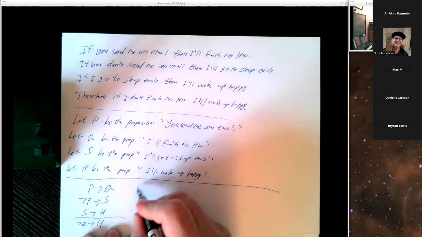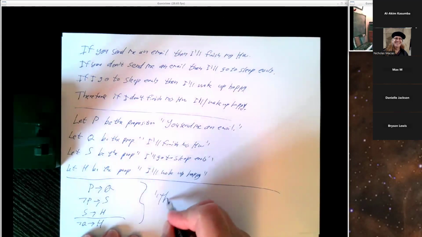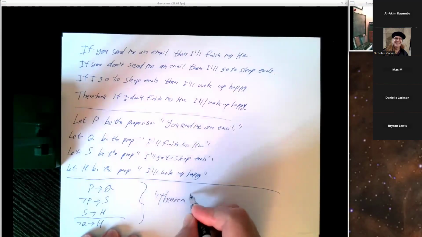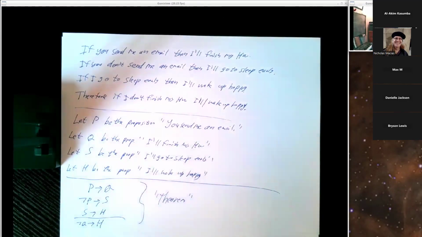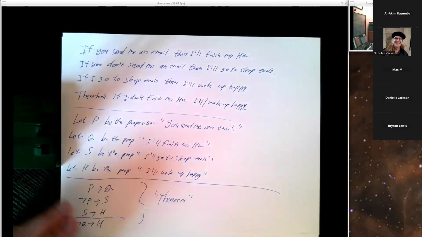So we might call this whole thing a theorem. It's a statement that we claim is always logically true. And what we want to do is prove that this theorem is always true.